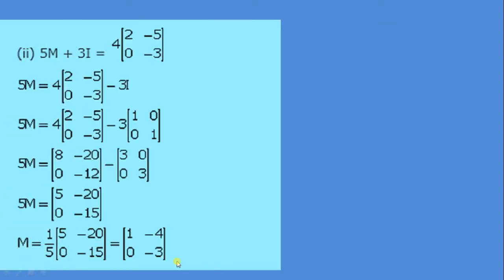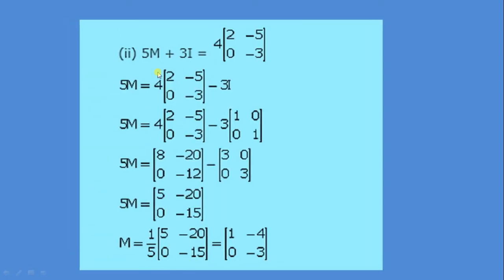In sub question 2, it is said to calculate matrix M only, but the condition is 5M plus 3I is equal to 4 multiplied by a given matrix. In a similar manner you proceed, children. Keep 5M as it is plus 3I, when it is shifted it will be minus 3I.